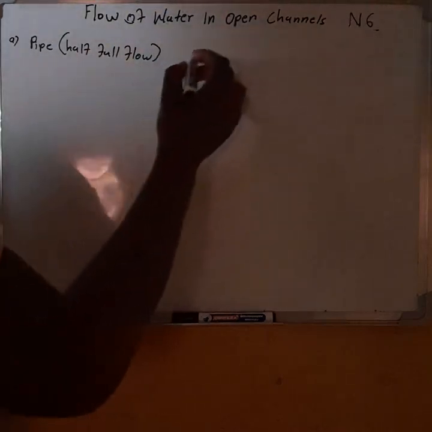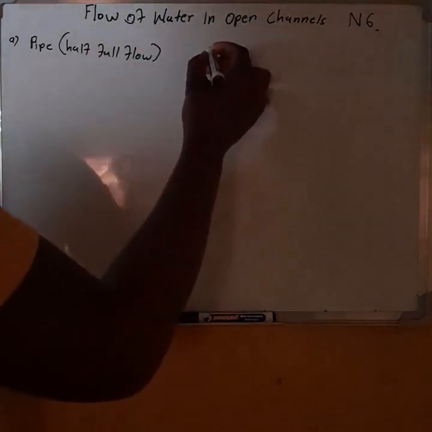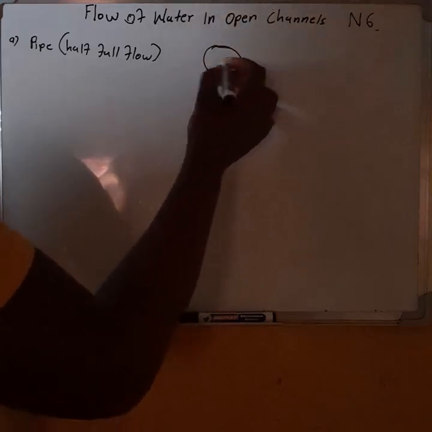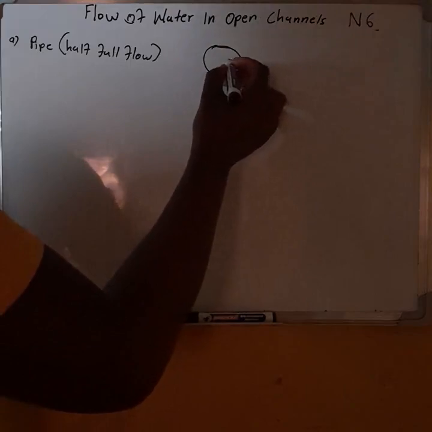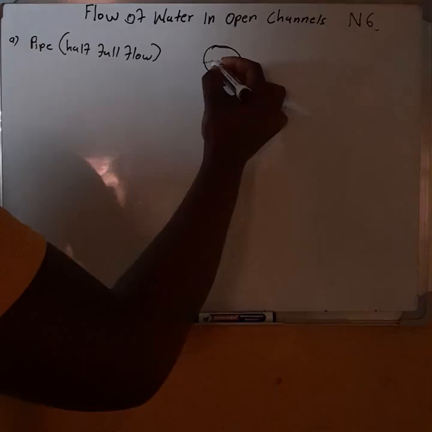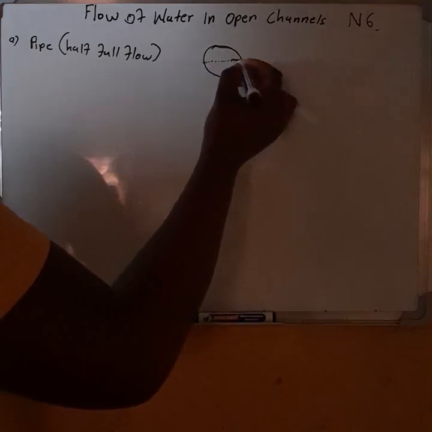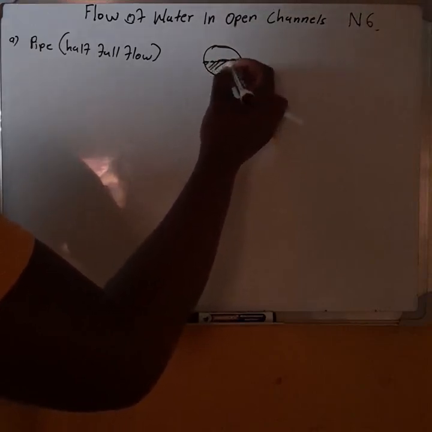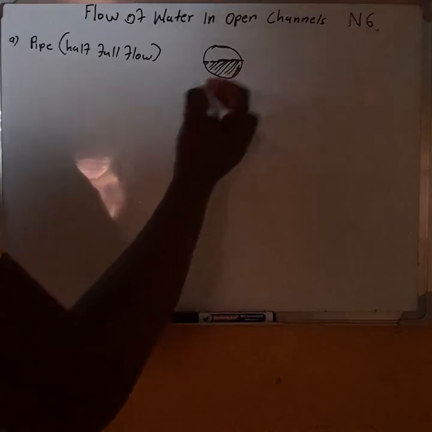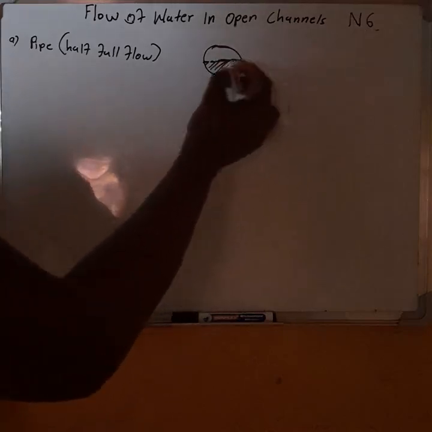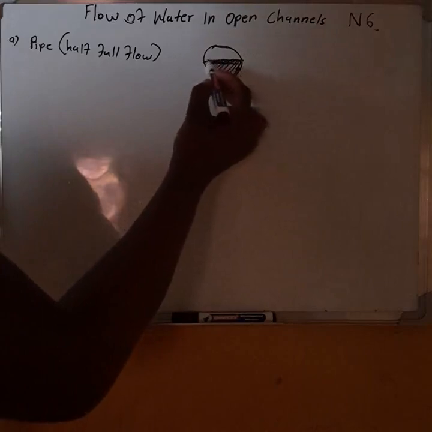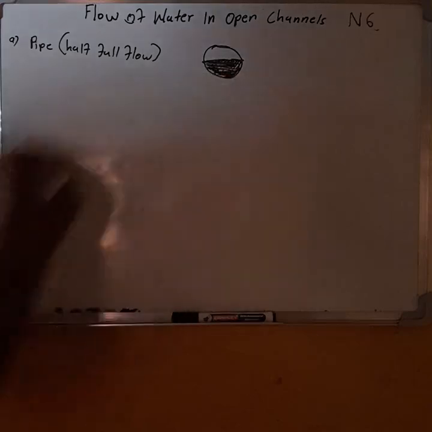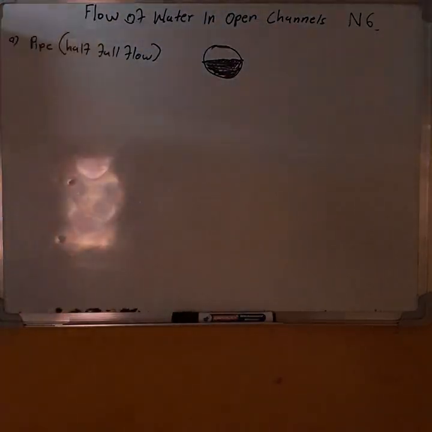This is the pipe, but the water flow is only half filled with water from this portion. It's half filled. This is water. This other part is empty. This cross section, this part of the pipe, is filled with water.